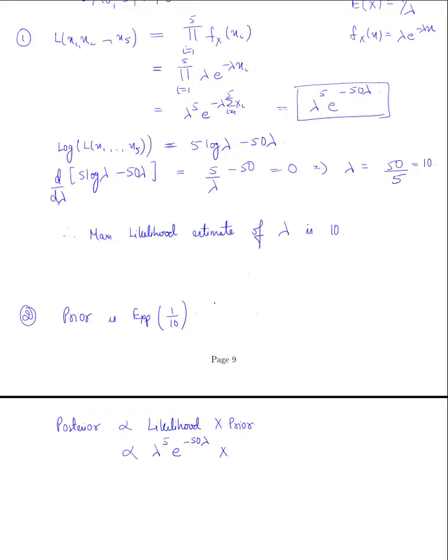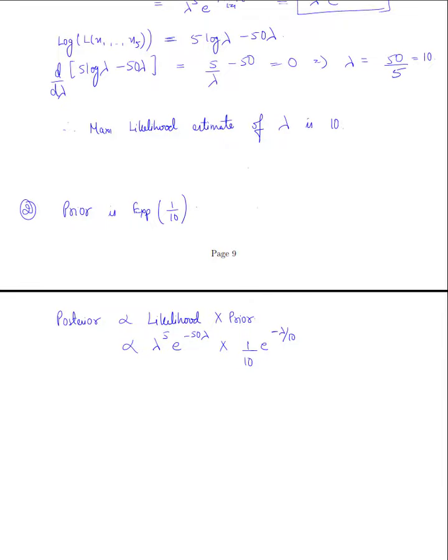Since the prior is exponential 1 by 10, this can be written as 1 by 10 e to the power minus lambda by 10. So this is lambda to the power 5 e to the power minus lambda times (50 plus 1 by 10).